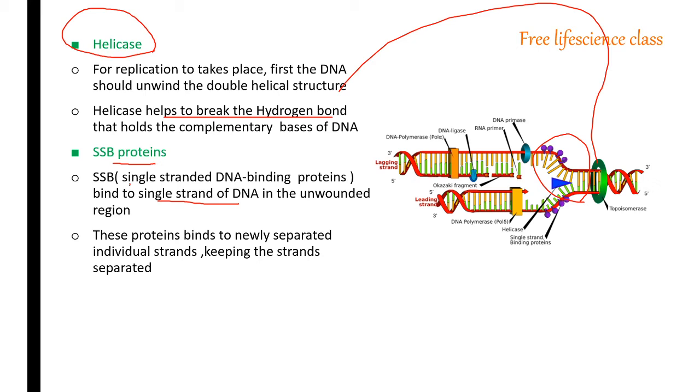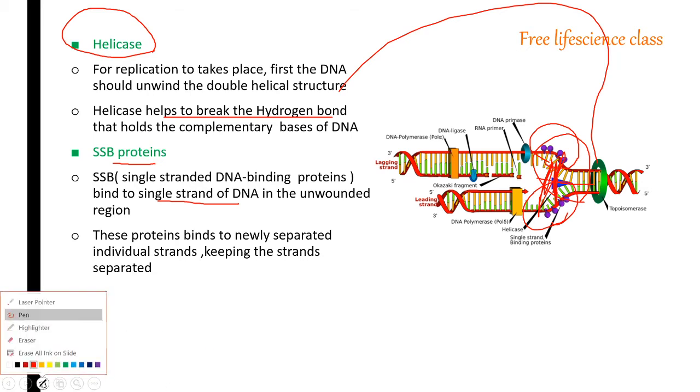It can only bind to the single stranded DNA, so that when helicase breaks down the hydrogen bonds, the single stranded binding proteins will come and bind to the single stranded DNA, so that the bases cannot base pair again. They cannot form hydrogen bonds between the complementary bases.